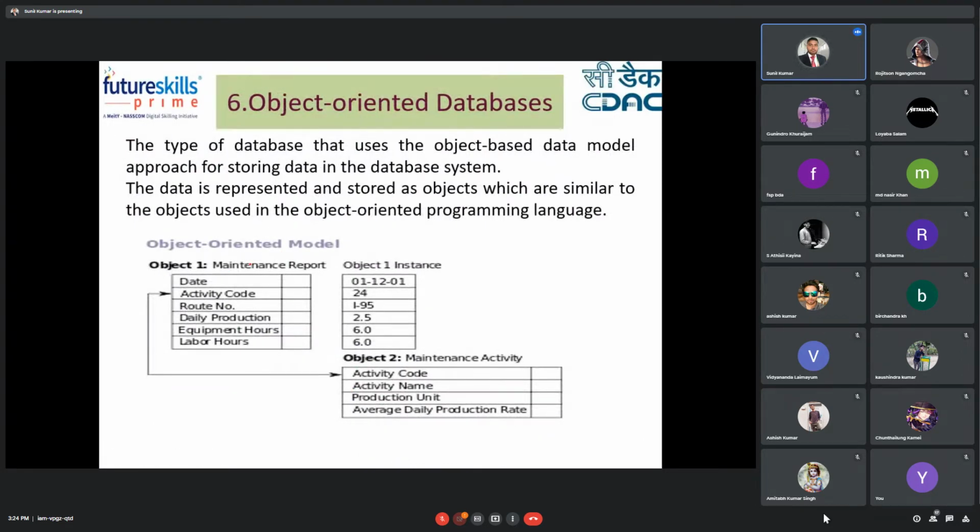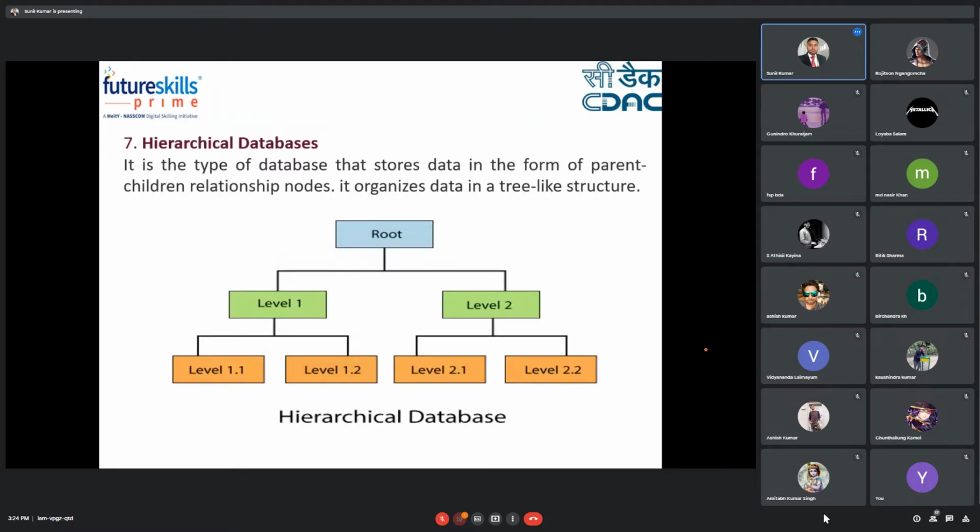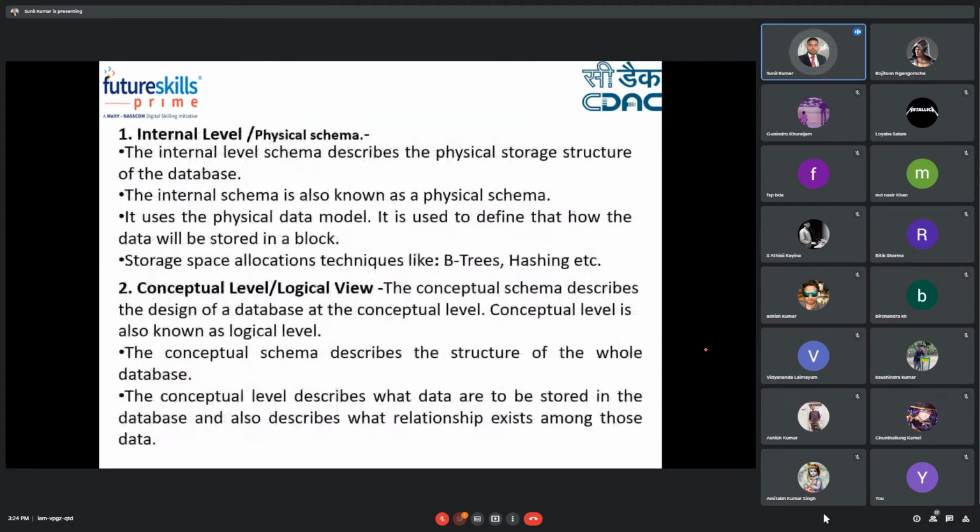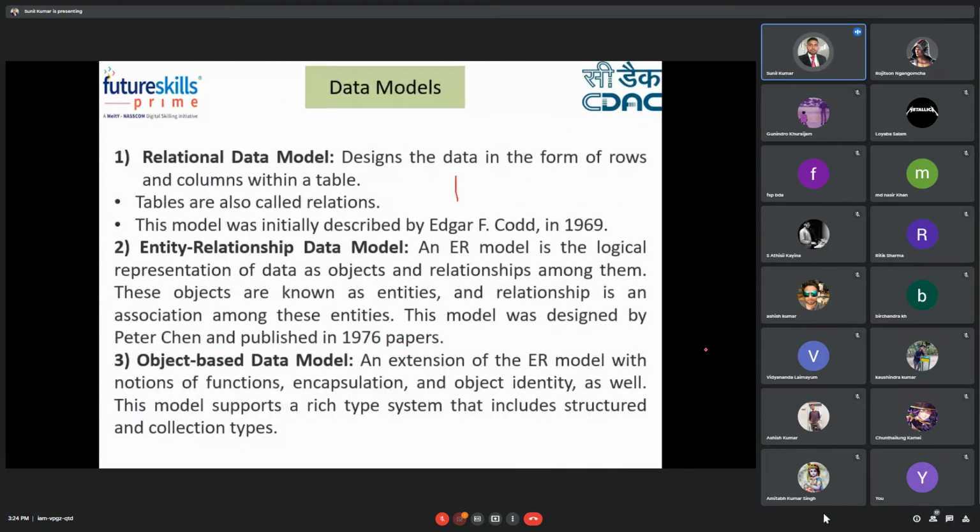We have an object here, a maintenance object, and these are the details or instances of that object, right? Any doubt? If anyone has a doubt, then I can explain with a different example.